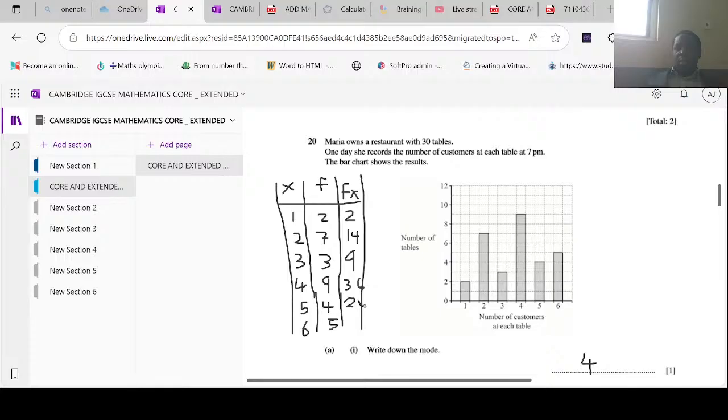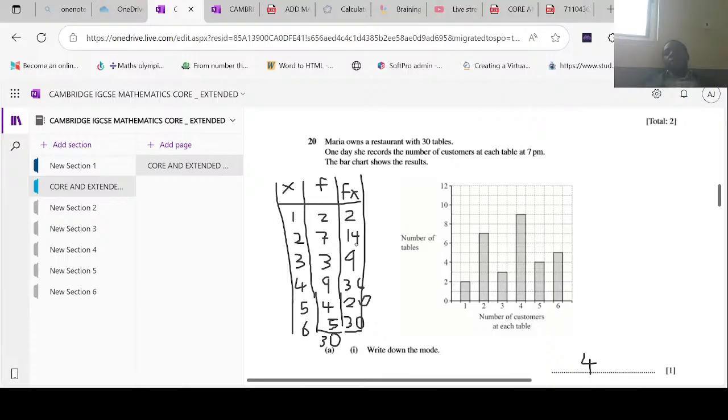And 6 times 5 gives you 30. So let's do the summation. Let's start with the frequency. If you add everything together, I think you should get 30, isn't it? But let's confirm. 2 plus 7 is 9. 9 plus 3 is 12. 12 plus 9 is 21. 21 plus 9 is 30. So that's correct.